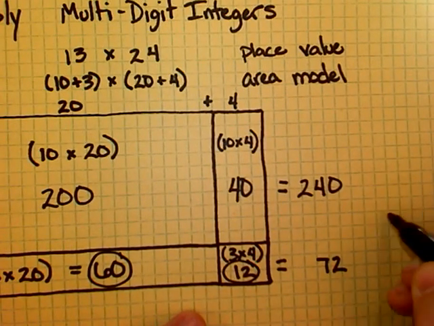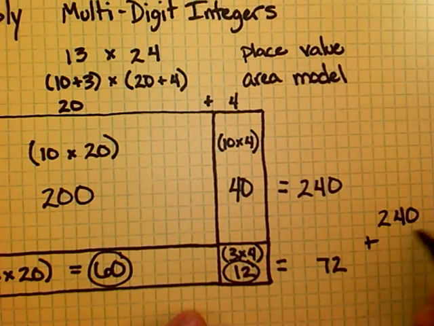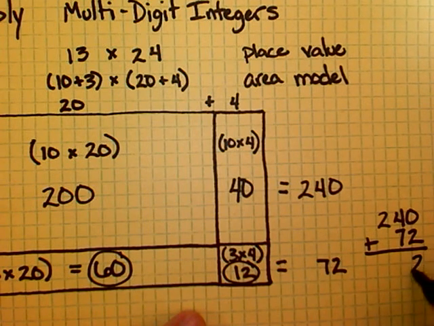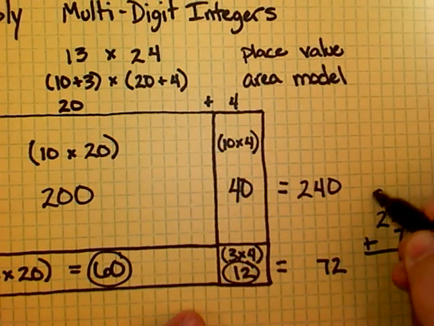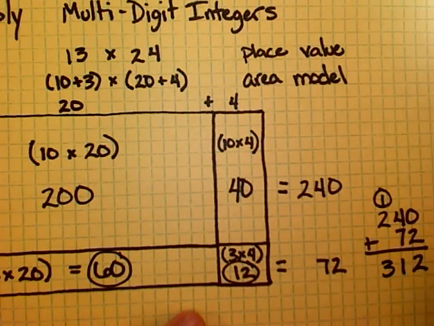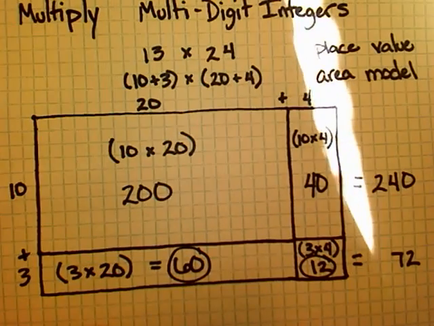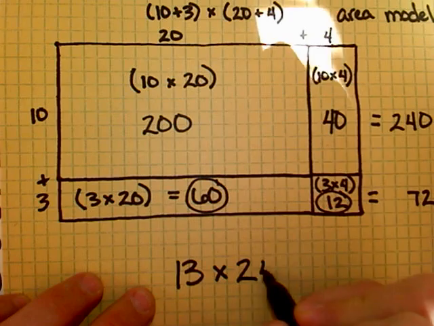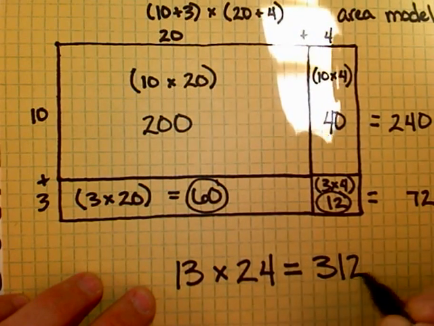So 240 plus 72 gives me 312. So my answer for 13 times 24 is 312.